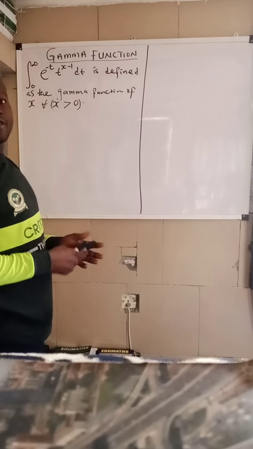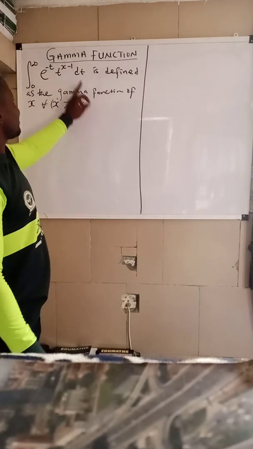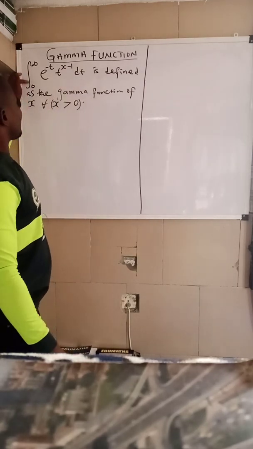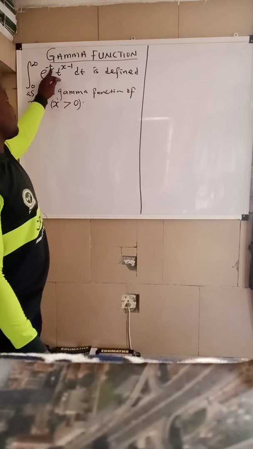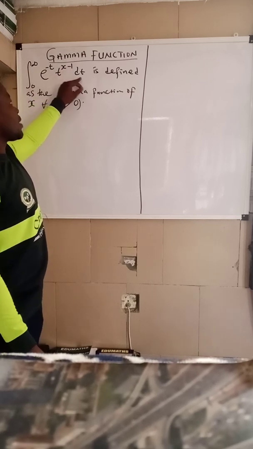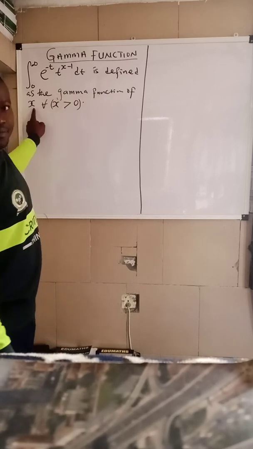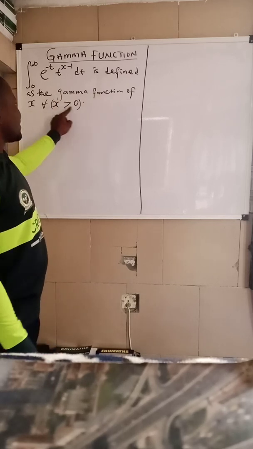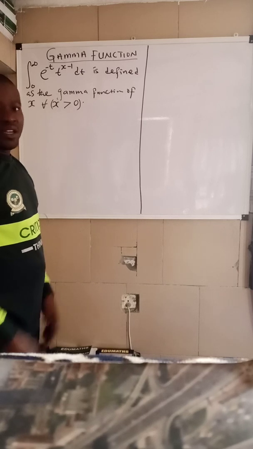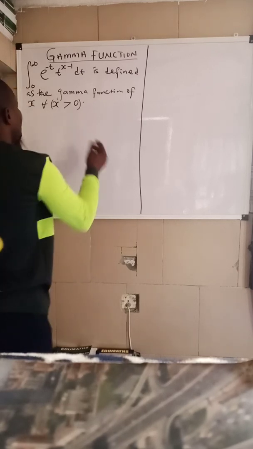Now this is the definition of gamma x. We said that the integral from 0 to infinity of e to the minus t, t raised to x minus 1, dt is defined as the gamma function of x for every x greater than what? 0.